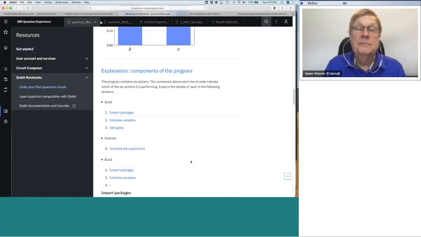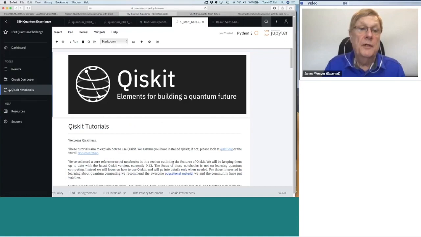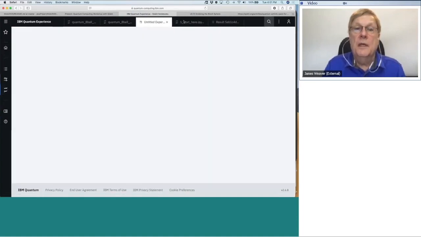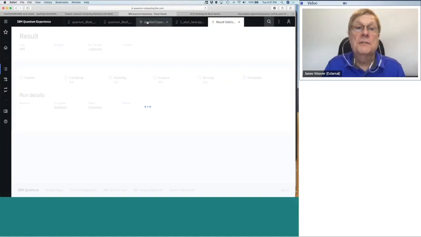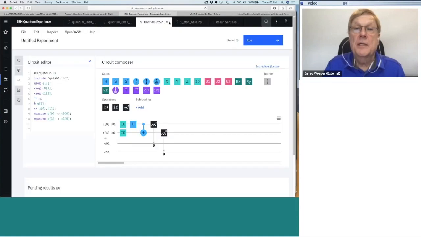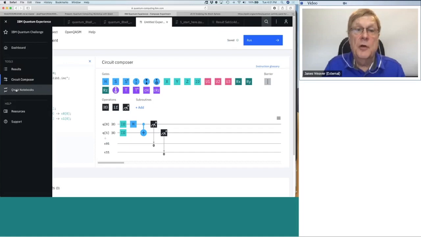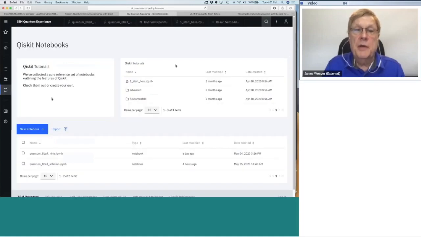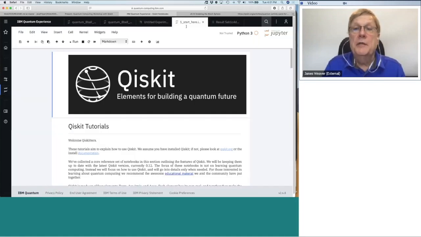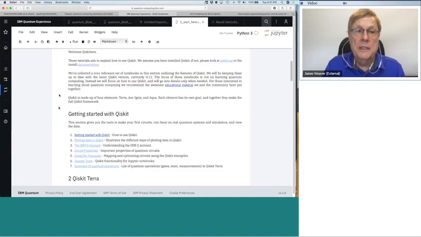And so when you get into the Qiskit notebooks, one place that you're going to go is this page right here that has all sorts of links to tutorials, etc. I like to start here, and then you can go down and get a nice introduction.